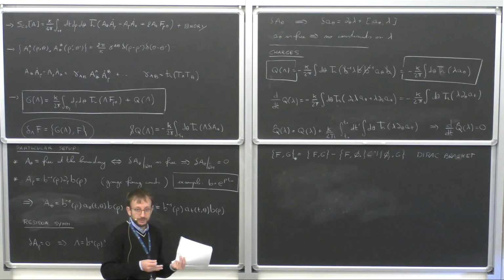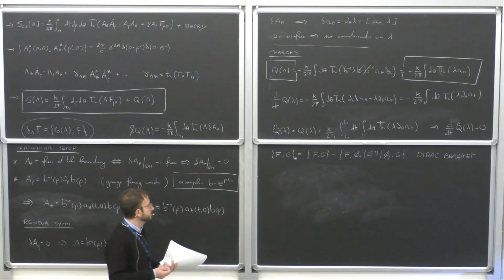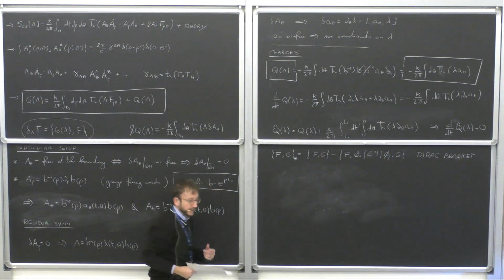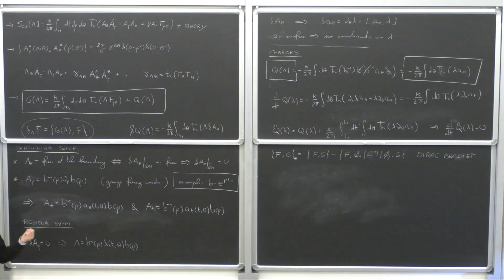But in order to do this, we are going to pass through a trick. What I want to do is to first show that these charges, the Q's, are actually the generators of the residual symmetries. You might say, well, come on, you already told us that. But that was before I imposed the constraints.